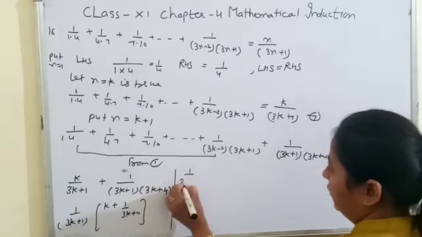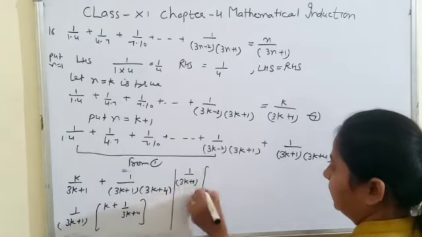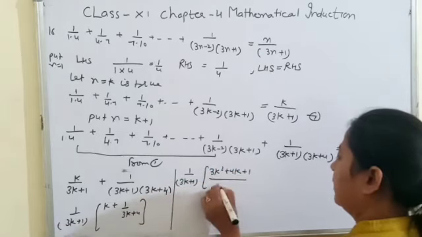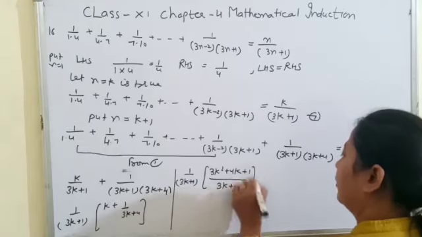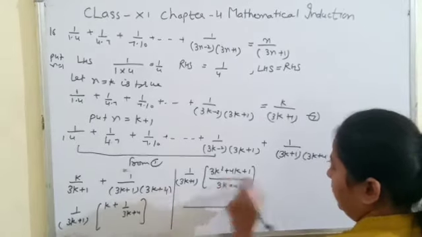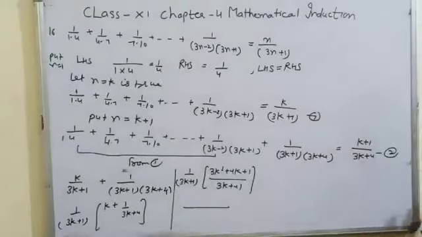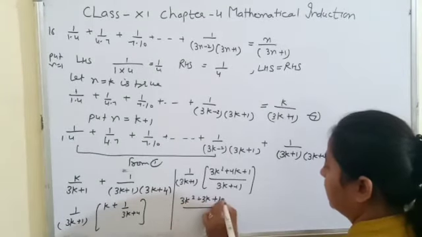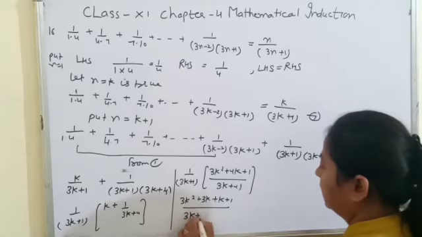Take its LCM: (3k square plus 4k plus 1) upon (3k plus 4). So make the factors, 3 ones are 3: 3k square plus 3k plus k plus 1, with denominator (3k plus 1)(3k plus 4).